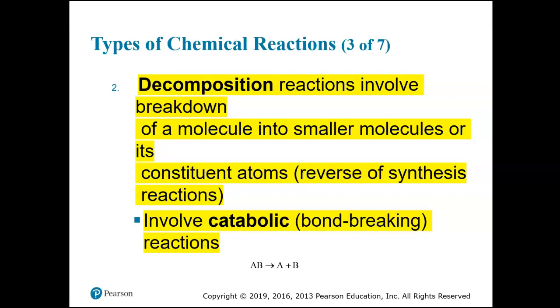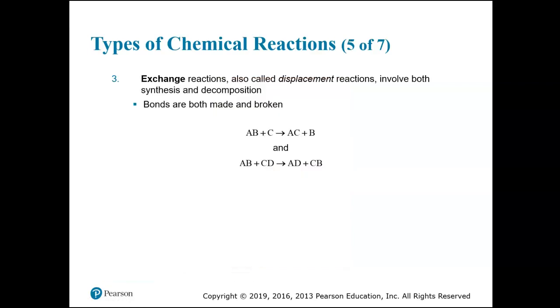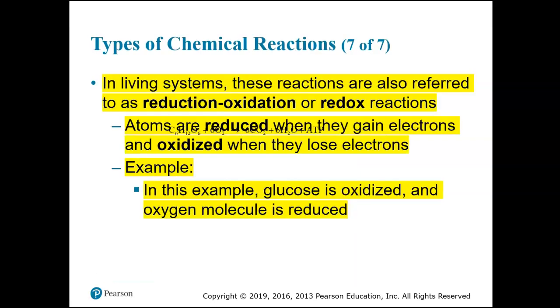An example of that would be this long molecule, this long polymer called glycogen, which is found in our liver cells, can be broken down into individual glucose molecules, and then the glucose released into our blood to raise our blood sugar when our blood sugar is low. So that is an example of a decomposition reaction. Then we have exchange reactions that occur that I'm not going to focus on that much.